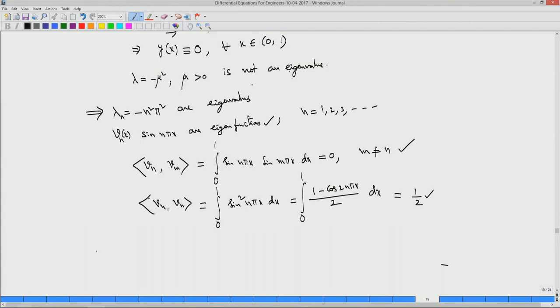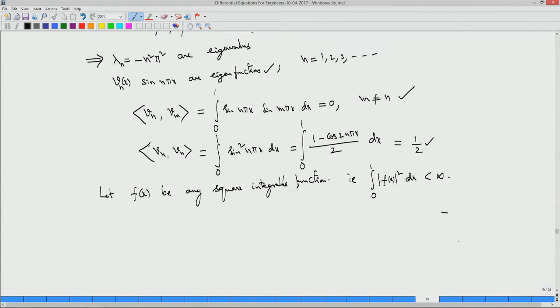So, what is the third step which we have seen? We have said that any function f(x), let f(x) be any square integrable function, that is the integral from 0 to 1, which is your domain, of modulus of f(x) whole square dx is finite.